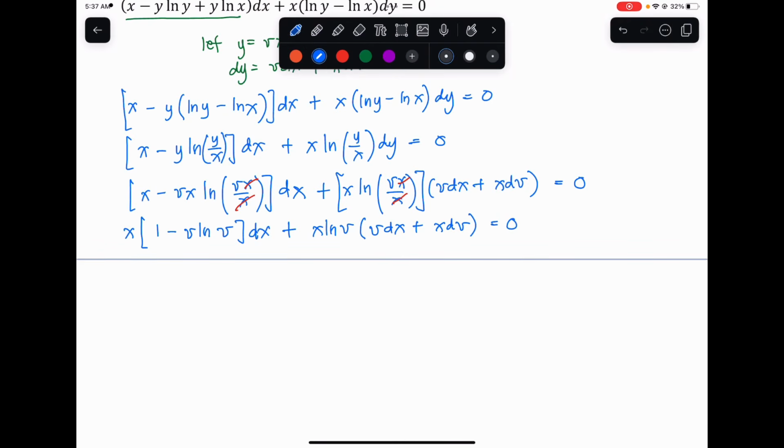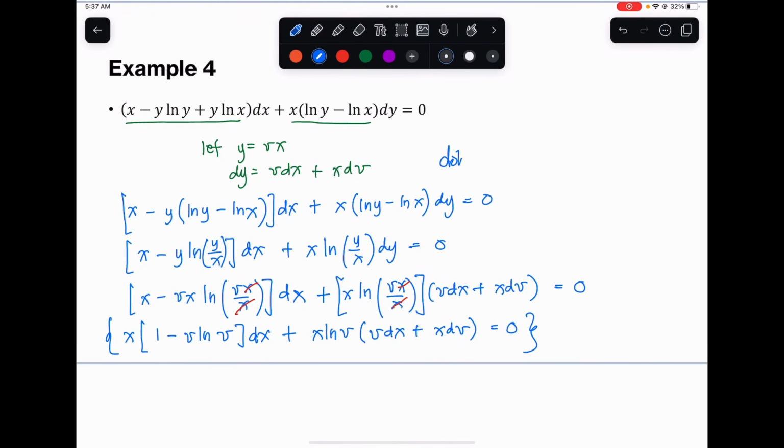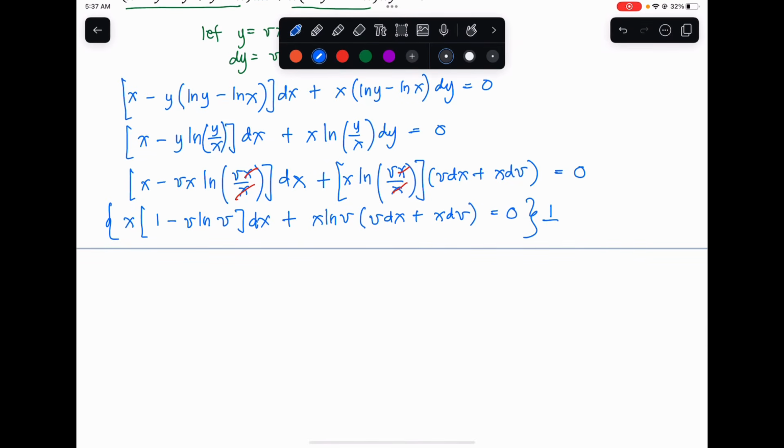And then again, we can cancel out the degree of homogeneity. We have identified that the degree of homogeneity of this is 1. So therefore, I'm going to multiply it by 1 over x.